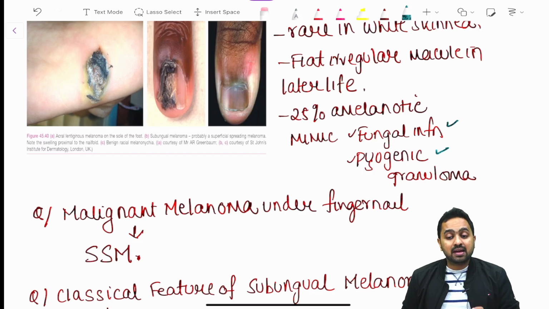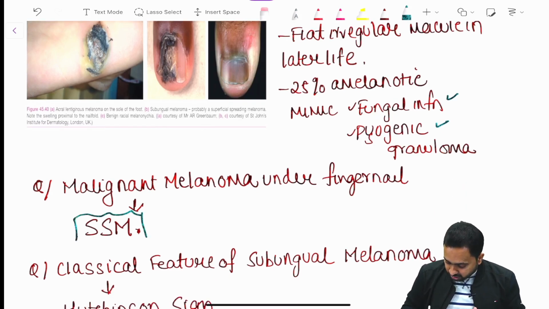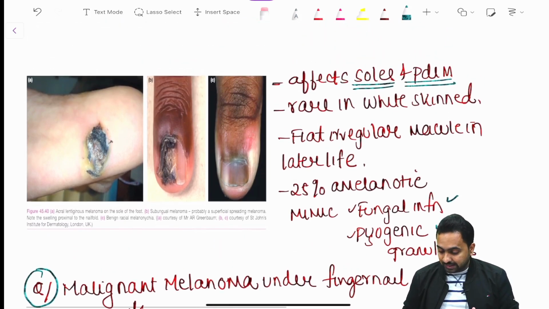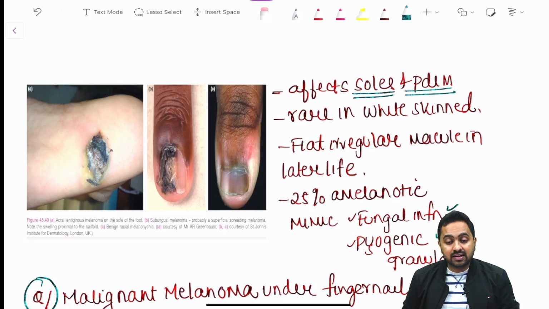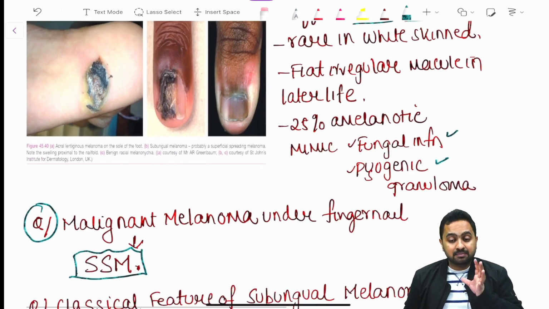And the malignant melanoma under fingernail is actually a superficial spreading melanoma, right. So please do not confuse it with your acral lentiginous melanoma, which mainly affects the soles and the palm, and the malignant melanoma under the fingernail is your superficial spreading melanoma.